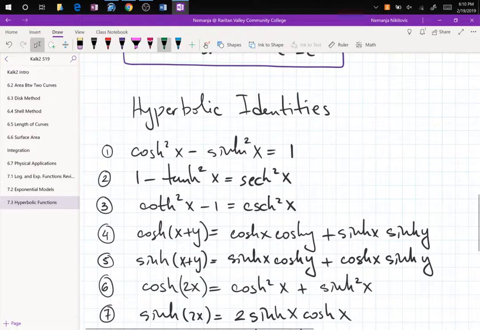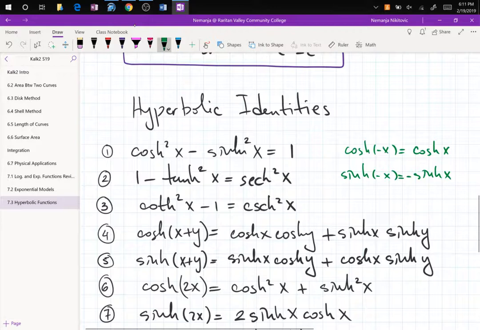Now on the side, we're just going to write that cosine hyperbolic is even. So cosine hyperbolic of negative x is equal to cosine hyperbolic of x. Sine hyperbolic of negative x is equal to negative sine hyperbolic x, so it's odd.